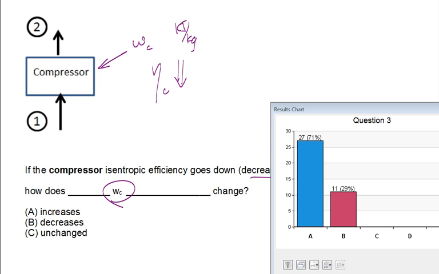All right. If I do a first law, is this h2 minus h1? Yes or no? And is that for constant specific heat, T2 minus T1? And we just said the exit temperature is going up as the efficiency goes down. Hence, the work needed to drive that compressor goes up.